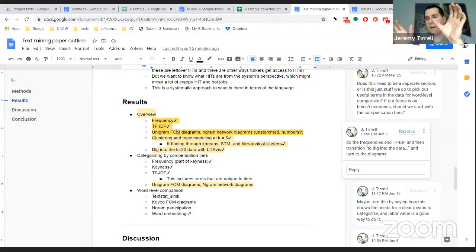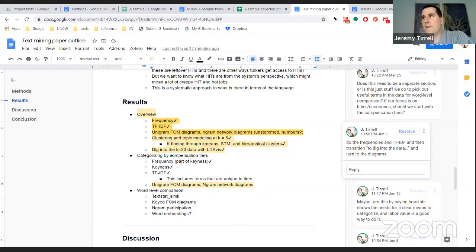So the FCM looks at words that frequently co-occur within documents, right? So if these two terms appear in the same document a whole lot, then their score goes up. Basically, that's the gist of it. So it lets you see words that are together a lot within documents, right?